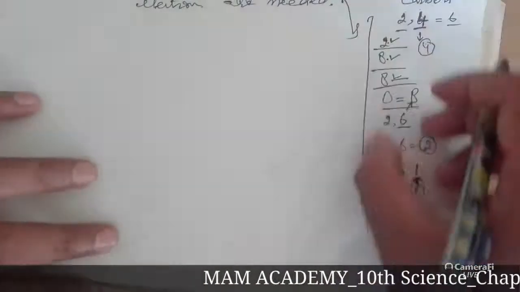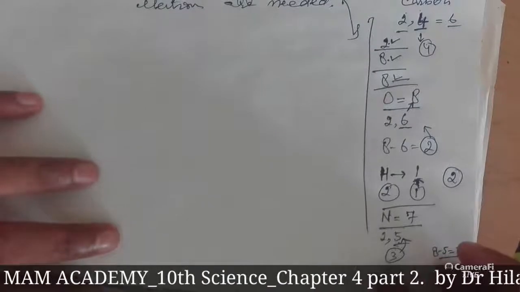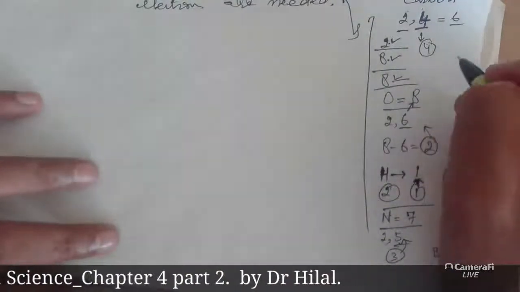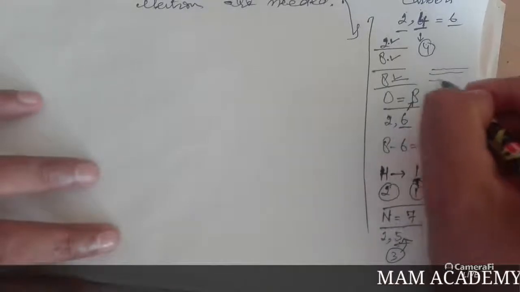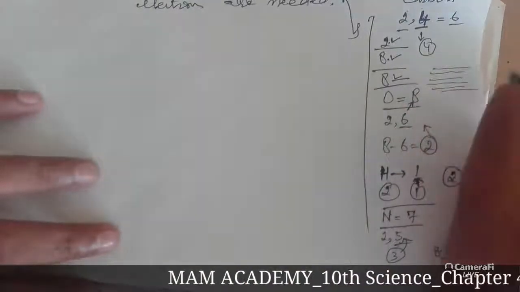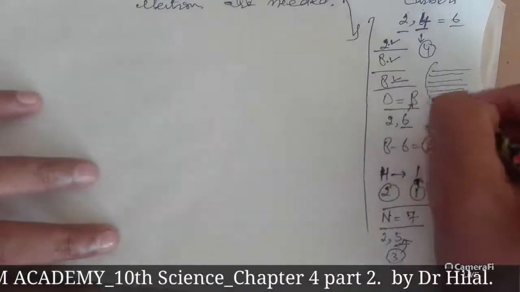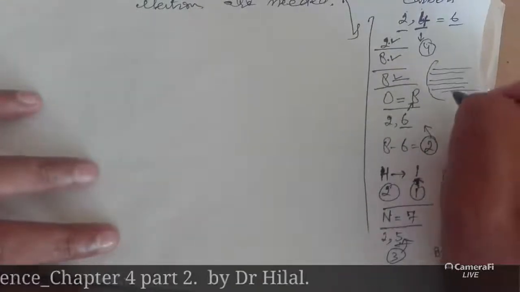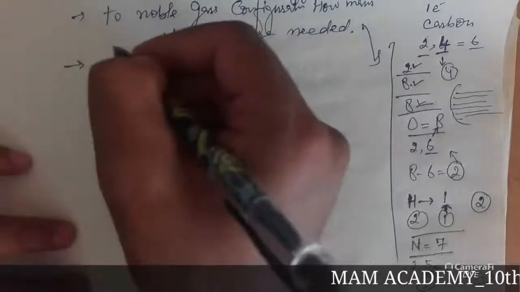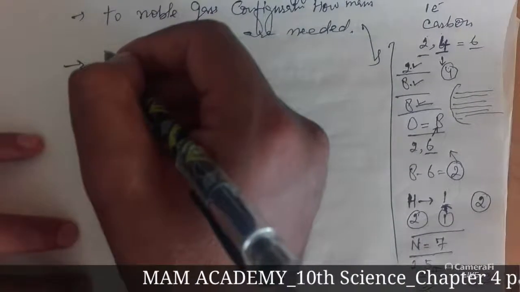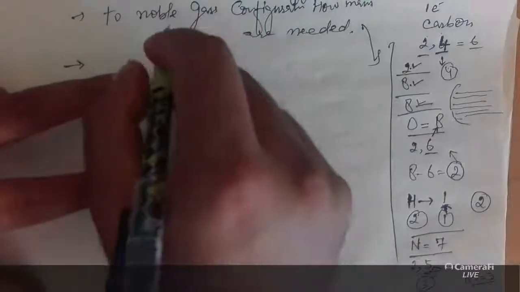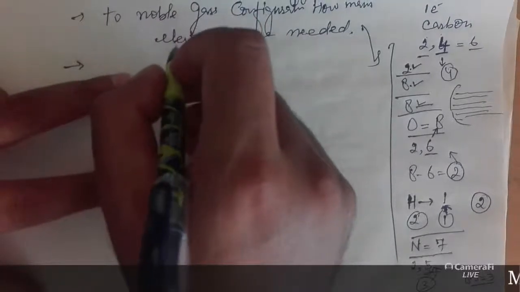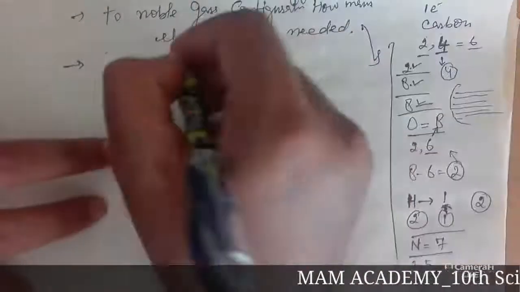This way we should have a full list. Whenever you are making the electron dot structure, first of all you should know the electronic configuration: how many electrons are in the first shell, how many in the second. Second, how many electrons are needed to attain the noble gas configuration. Then we should share the electrons between the atoms in such a way that all atoms in a molecule attain the noble gas configuration.